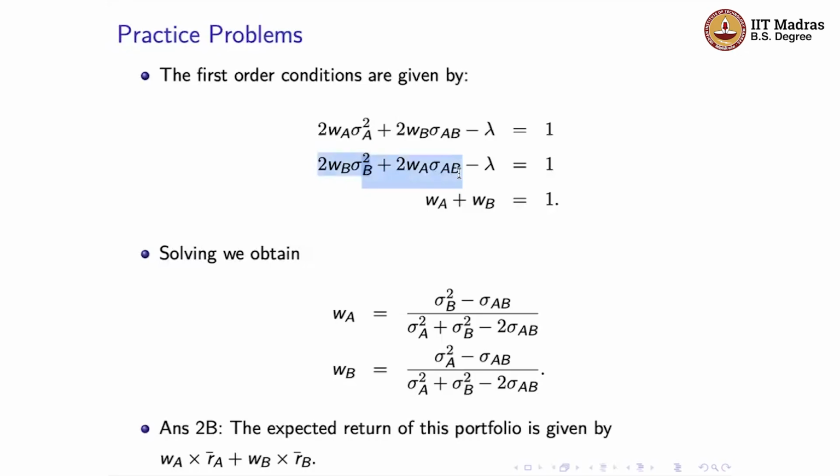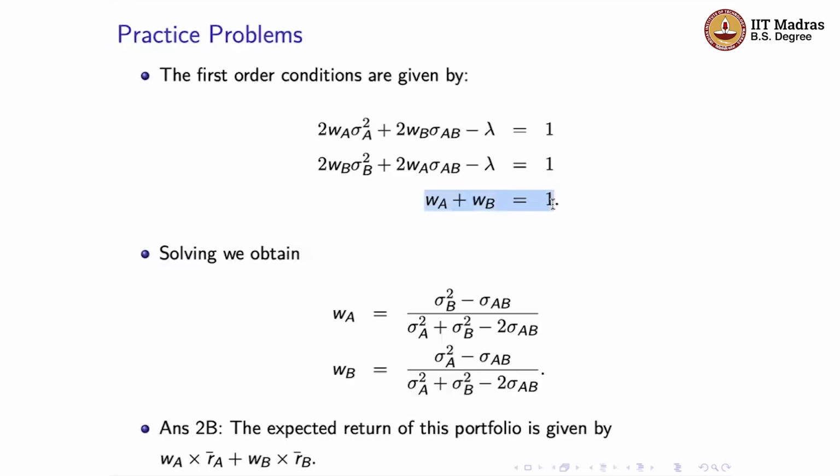So we can actually equate these 2 terms. And if we do that, and then cancel the 2's from this equation, and finally replace WB with 1 minus WA, we end up getting one equation in one unknown WA, right?